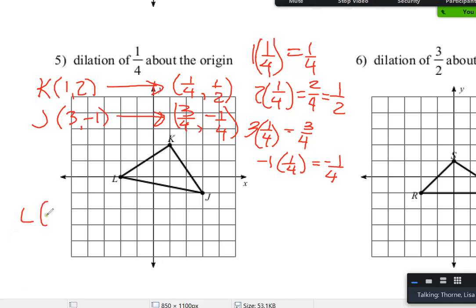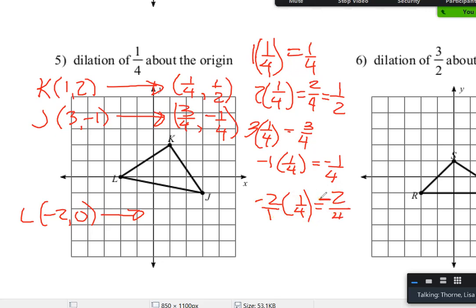L is -2, 0. -2 times a fourth. So remind us how to do this when we're multiplying a whole number by a fraction: there's an invisible over 1 that happens here, and then I multiply across. -2 times 1, -2. 1 times 4, 4. Oops, I forgot that.